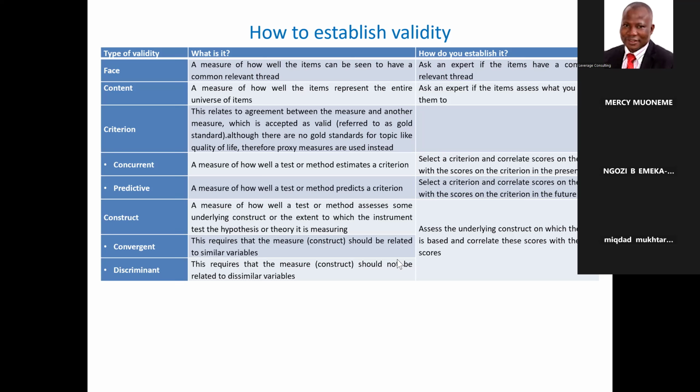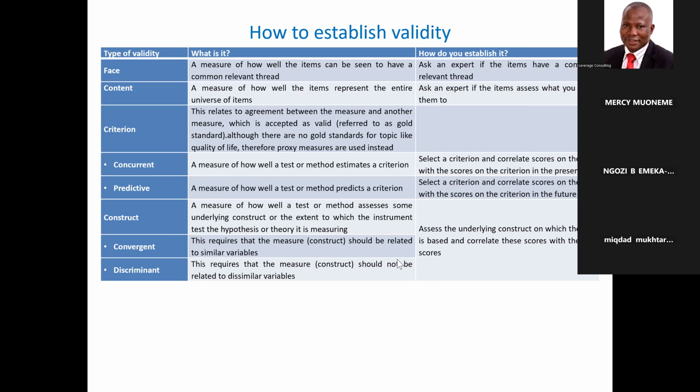So it's still the same expert, your professor, who goes through and says, okay, all those areas of quality of life have been captured. That's content. That the question is relevant, that's face validity. That it covers all the different aspects is content.